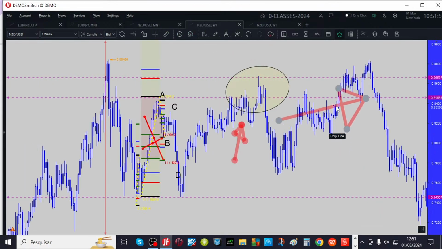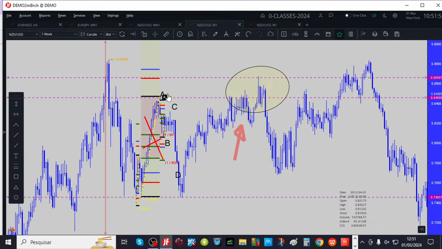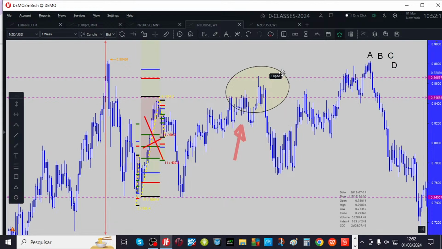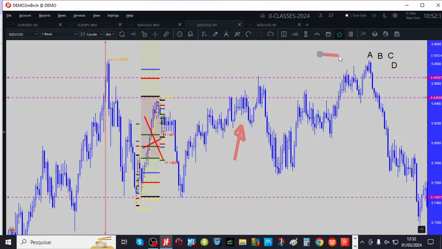So, back to the ABCDs. Now we know that finally this market is going to push down in here, so we start up in here. That's the highest high, not the absolute high, but now the starting point of the sequence.